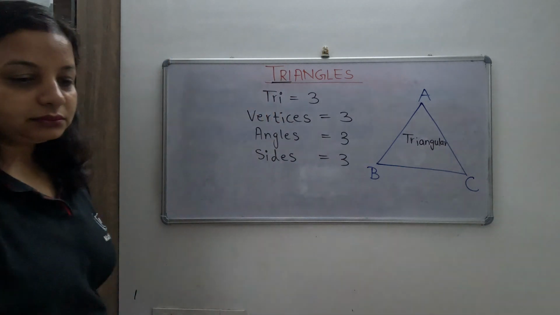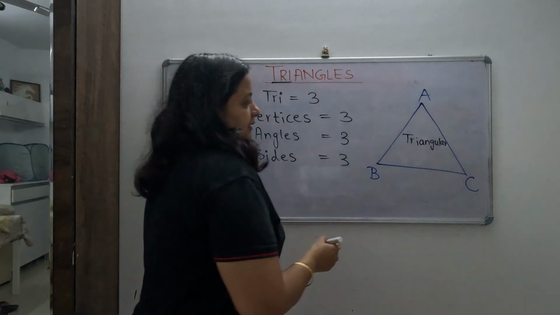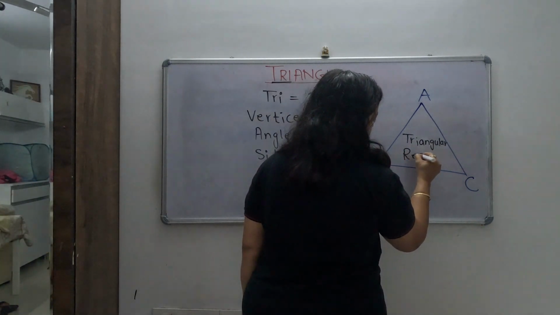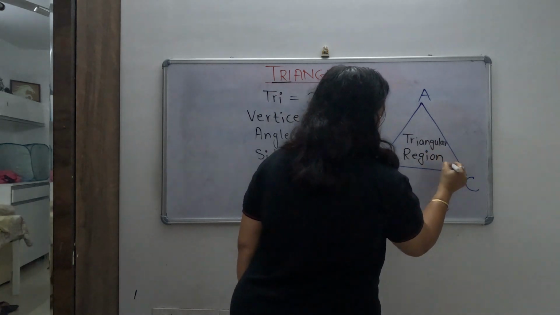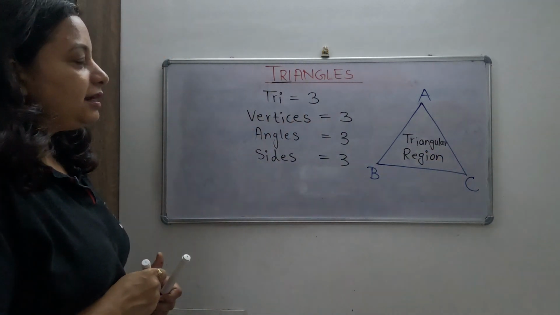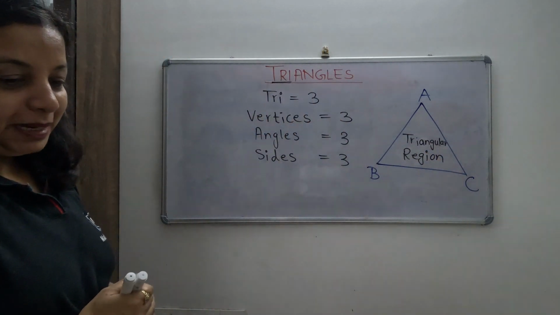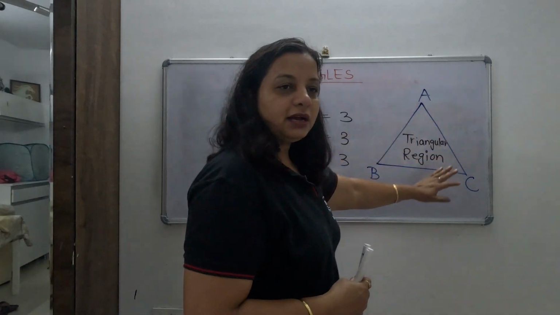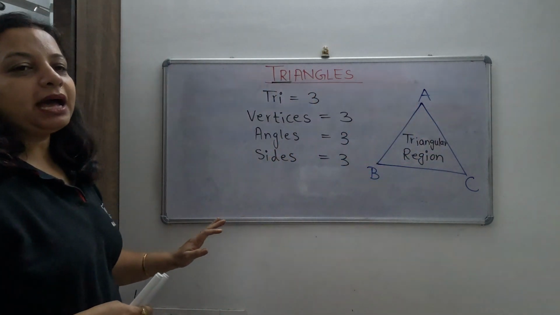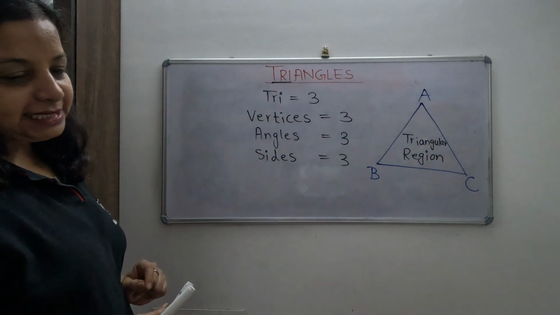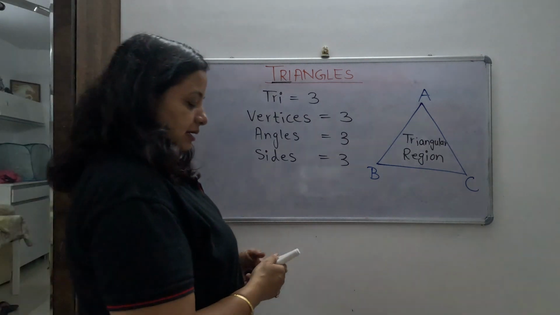Triangular region. Okay. Now, a plane closed figure bounded by 3 line segments is called a triangle.